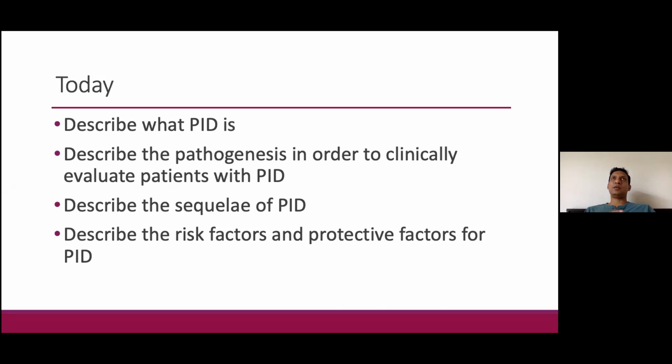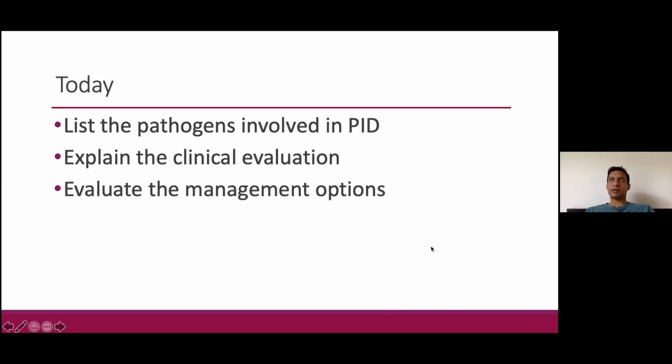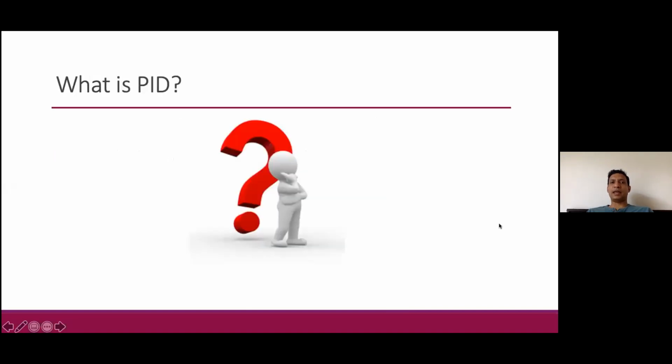Then describe what is going to happen if somebody gets PID, what the protective and risk factors for PID are, and the pathogens involved. Then we are going to do the proper clinical evaluation, touching the clinical pathological features, and then see what management options we have if somebody is having PID, right?